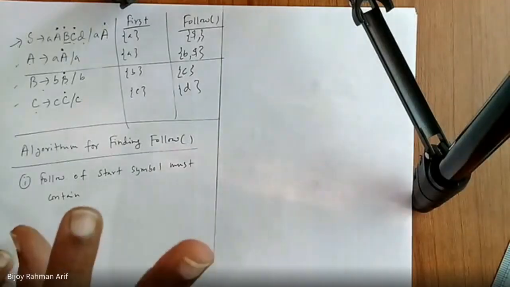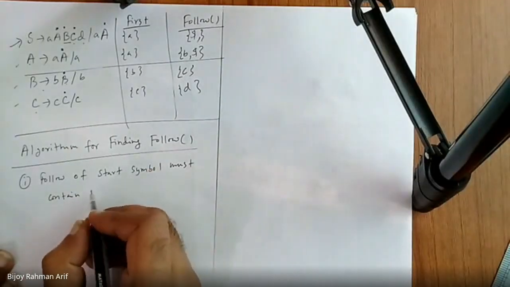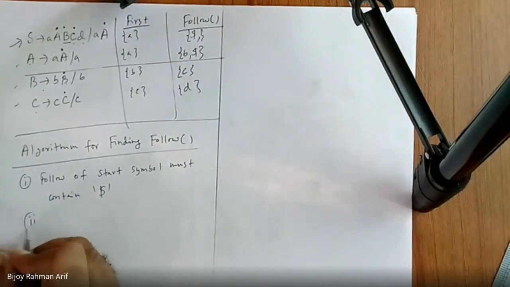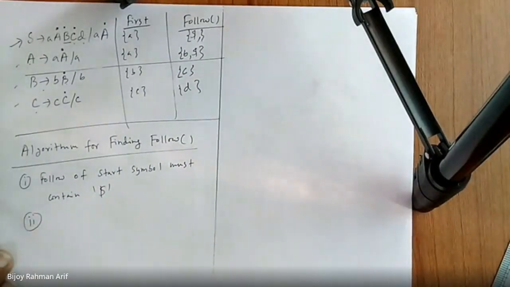Dollar sign. Dollar, whatever your start symbol is. In compiler jargon, we use dollar. So number 1. Number 2. Then, what is the second rule?